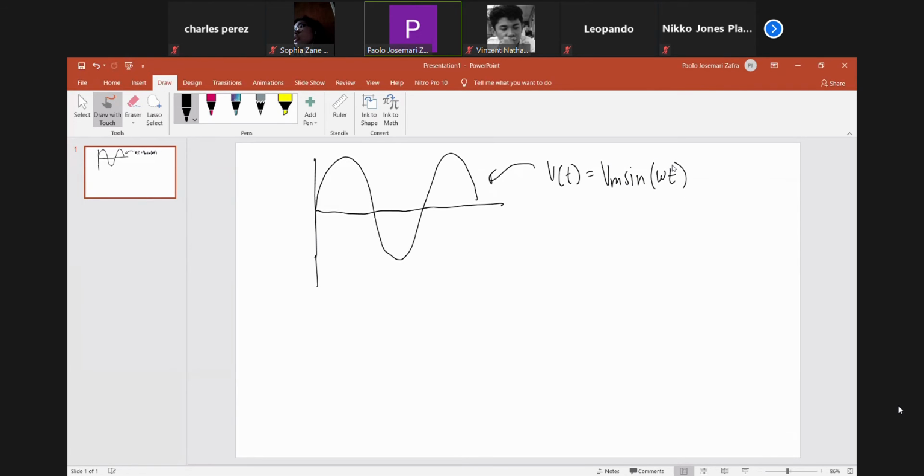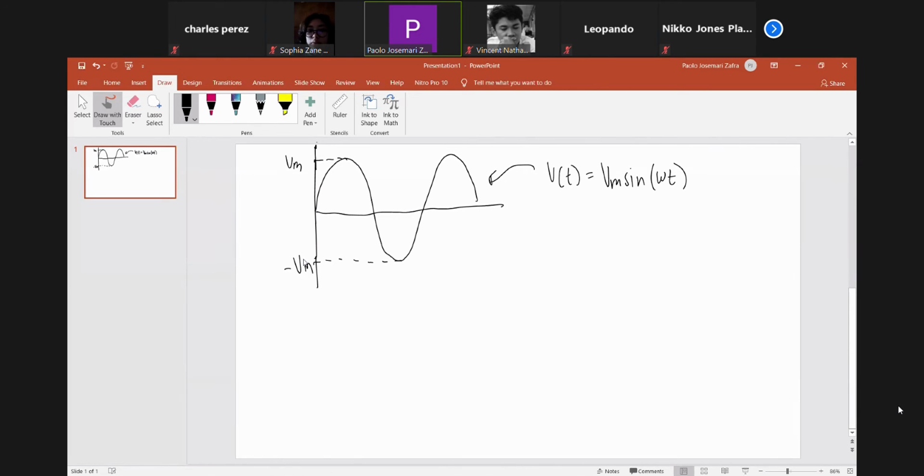Okay, so some key things here. Your Vm is actually the amplitude, right? So when you say amplitude, that's just the maximum and minimum value, no? So this is the amplitude Vm. So this is positive Vm and this is negative Vm.